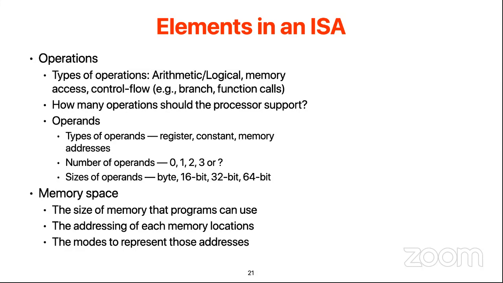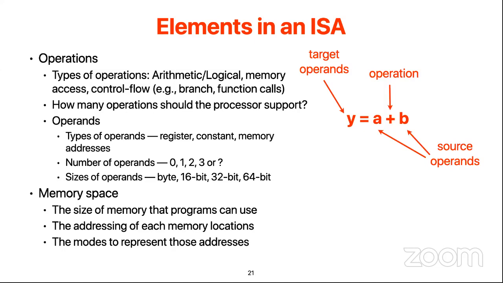So let's see, if I have an instruction like y equal to a plus b, right? Then the operation is the plus, and a and b are the source operands, and the target operand will be y. So that's a basic idea of instruction set architecture.